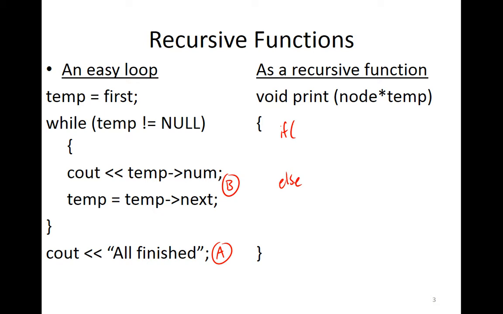That's kind of what I want to say here. So what is this print function supposed to do? Naively, I might say, well, if you're at the end, what do I want to print? I want to print a message that says, all finished, or something like that.